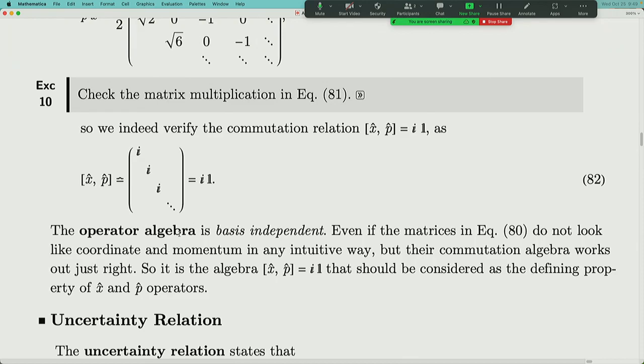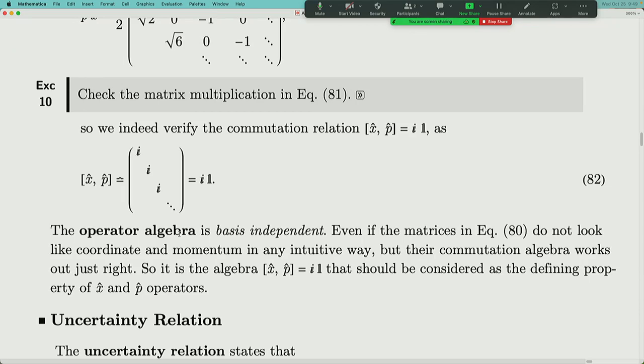But still, we can use a seemingly very different set of algebra to reconstruct this commutation relation. So these algebraic relations, like how they commute, how you commute one operator through the other operator, what's the definition, what's the relation between these operators, those are universal. It doesn't matter which basis you choose.